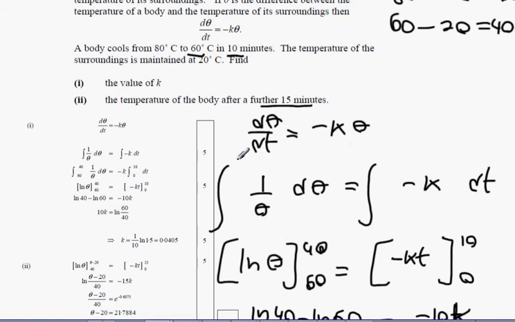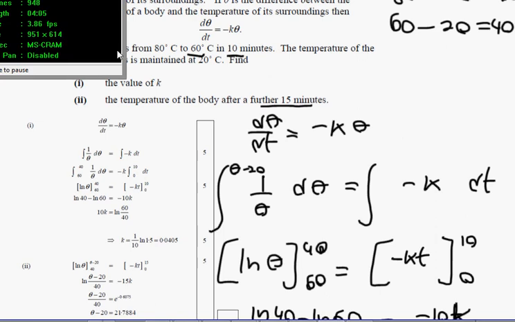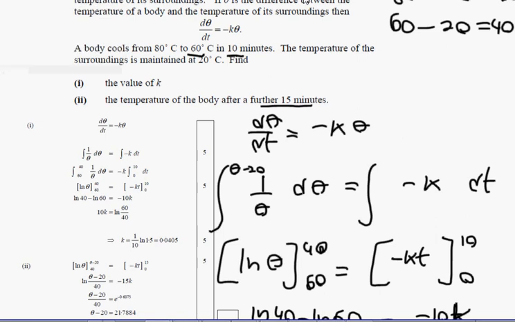Now, the differences are as follows, okay? First of all, whatever your end temperature is, you have to take away 20 because it's defined as the difference between your temperature and the outside temperature. So your end is going to be theta minus 20. Your start is going to be, guys, look, it is actually an additional 40. So look, what we can do is go from 0 to 25 if we want. There's two different ways of doing this.